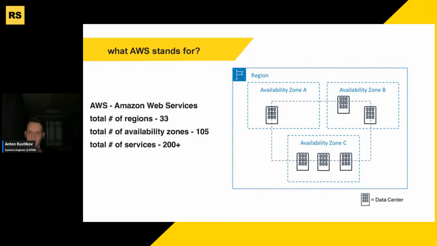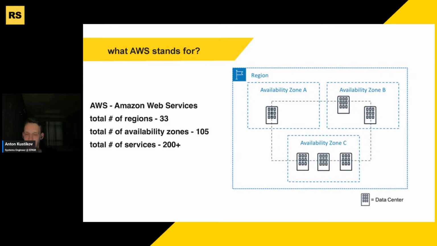And all of these data centers have almost no relations in electricity, in internet provisioning, and so on. So they're just independent. And this is made to give you an option to make as stable, redundant, and fault-tolerant an application as you can. So you can think about it like this. You may have your application running inside one region. Let's say all of your customers are located in Frankfurt.